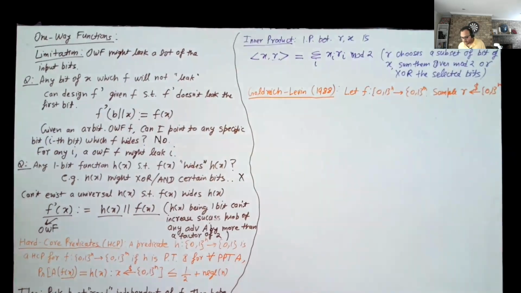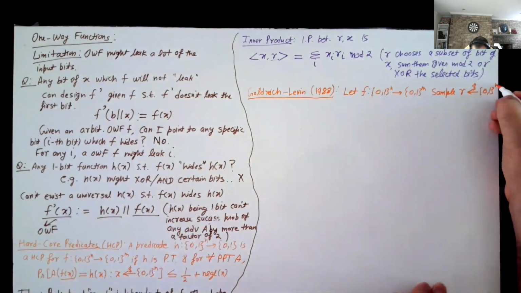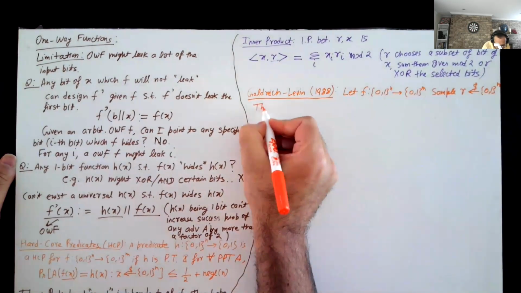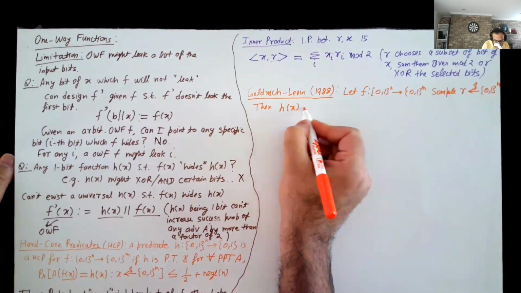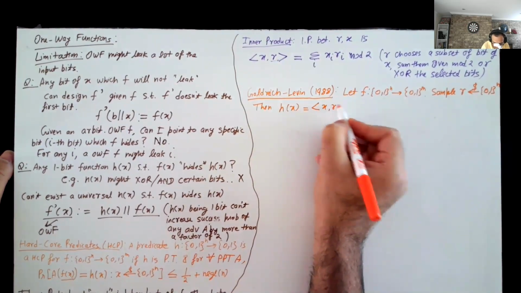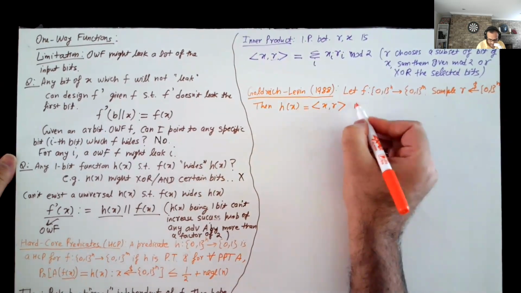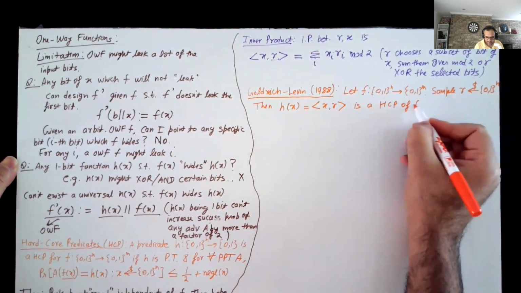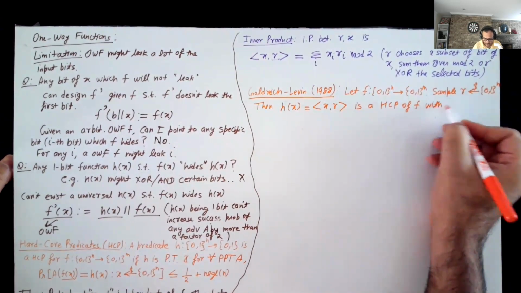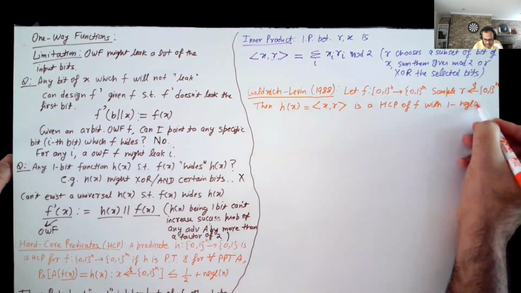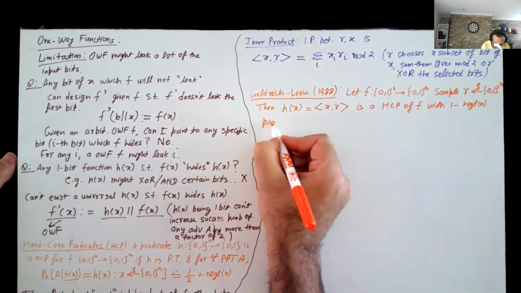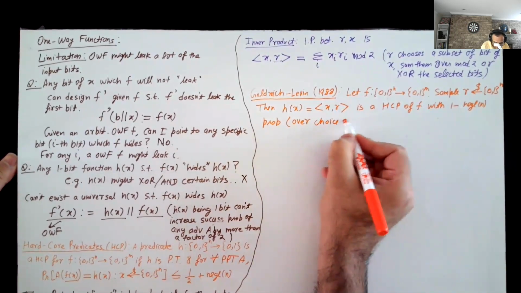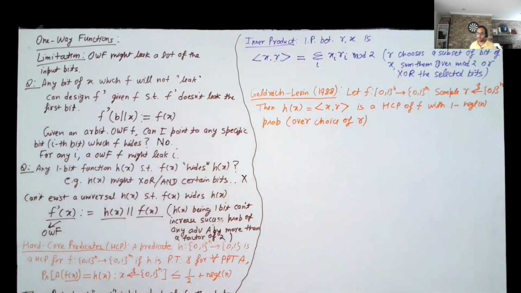So R is a random n-bit string. Then you define the hardcore predicate h of x as just x inner product R. So this is a hardcore predicate of f with 1 minus negligible of n probability, and this probability is taken over the choice of the random string R, or the choice of the predicate H.